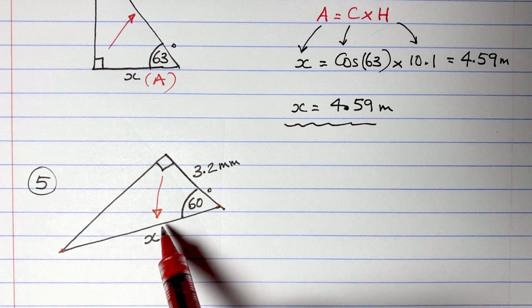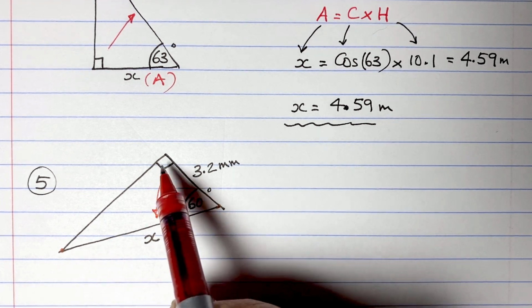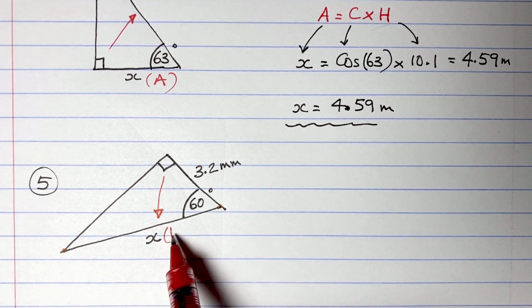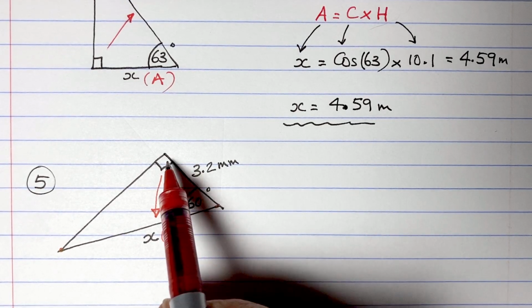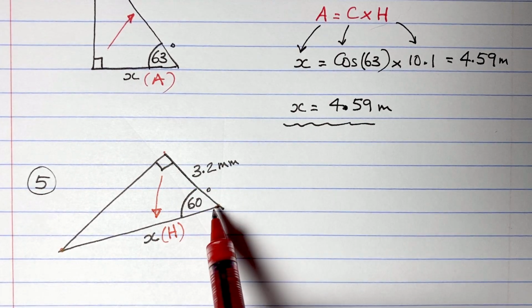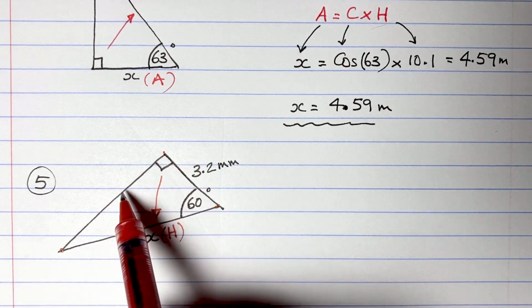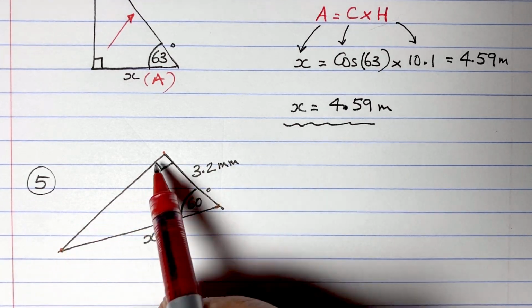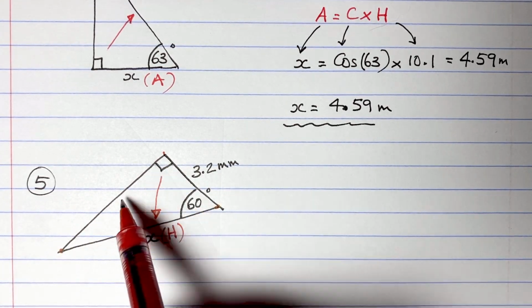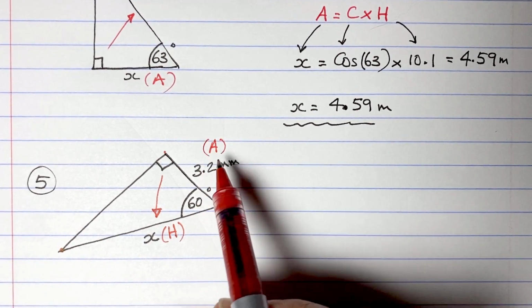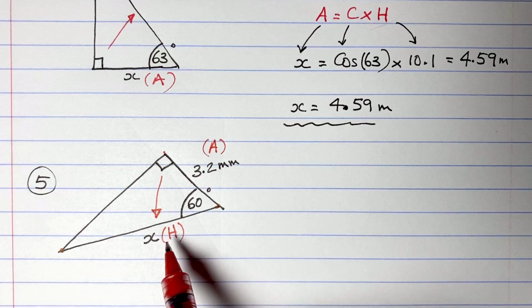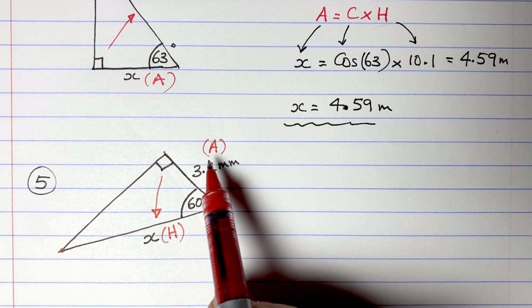So this length is called the opposite to the 90 degrees, which is known as hypotenuse. Opposite to 60 would end here and end here. It would be that length, which you are not interested in. Nobody asked you to find it, nobody gave you. So this one must be adjacent. If it's not opposite and it's not hypotenuse, it's adjacent.